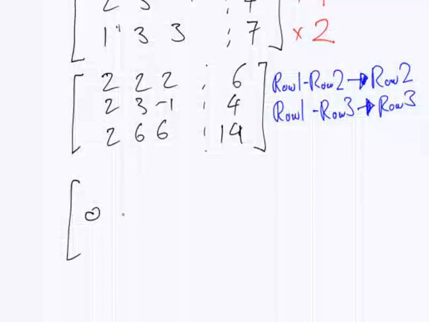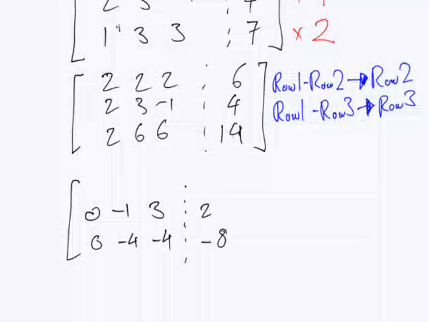I'll give you a minute to fix that. Okay, so what do I get here? 6, 9, 15. And here, 6, minus 4, and 2.